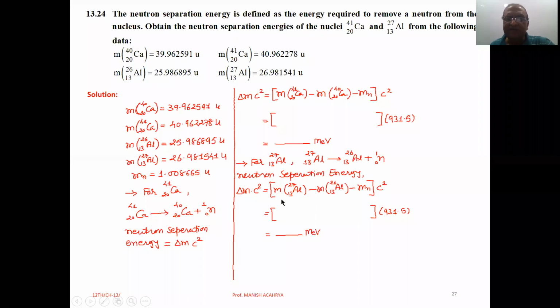So left hand side mass, that is mass of 13Al27 minus mass of 13Al26 minus mass of neutron into c square. But all the masses given to you are in terms of u. Therefore, directly multiply this mass with 931.5. Your answer will be in MeV. Clear? Yes, sir.